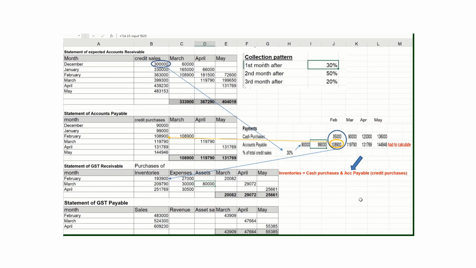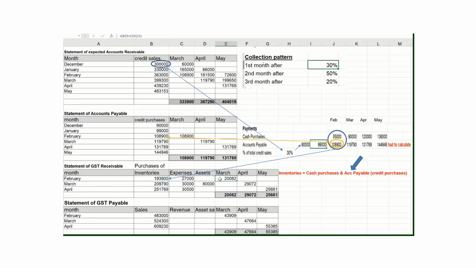So how do we get the GST now? All right. You can see that I said inventories, cash purchases plus accounts payable, credit purchases. That comes from those amounts there. So I've already explained that, but in case you were wondering what this means here. So now we've got to calculate the GST. In February, we are purchasing inventories. We paid for expenses.